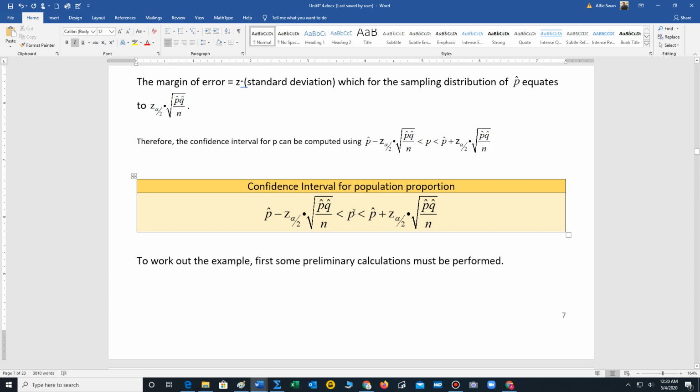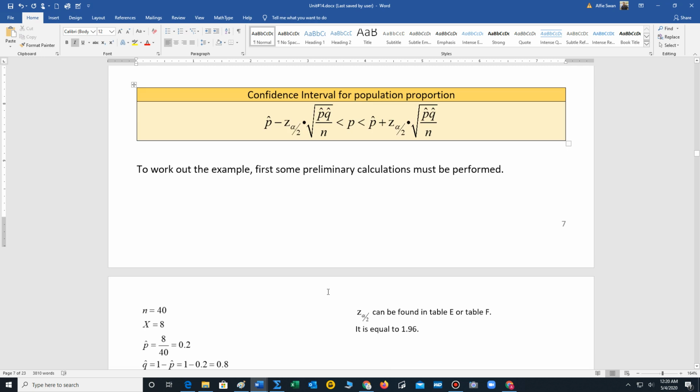We're estimating P at the center, and we're just taking P hat and subtracting the margin of error, which is represented as Z sub alpha over 2 times radical P hat Q hat over N, and we're also adding that margin of error on the right side. So this is the formula that we shall be using to determine the confidence interval of our proportion.